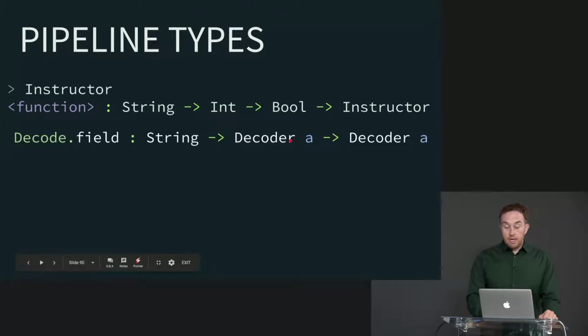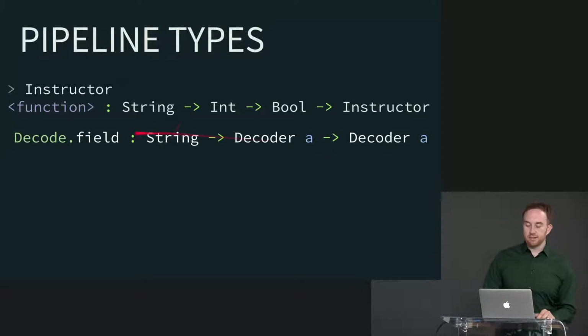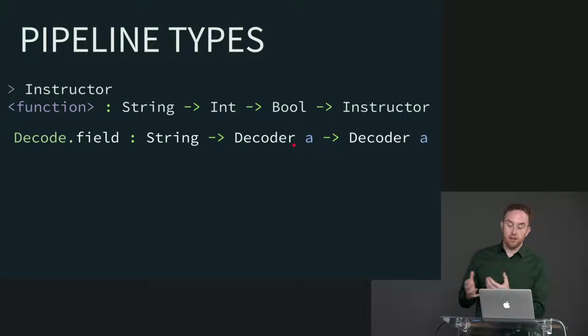Okay. I can decode a single field from any JSON object by using Decode.field. So the way this decoder works is it takes a string for the name of the field, then it takes a decoder for the expected value associated with that field, and then it gives me back a decoder which will decode that value from the object. Important to note how Decode.field works in isolation.